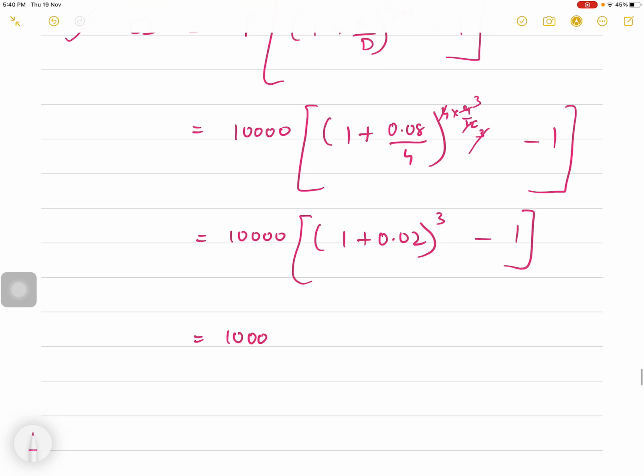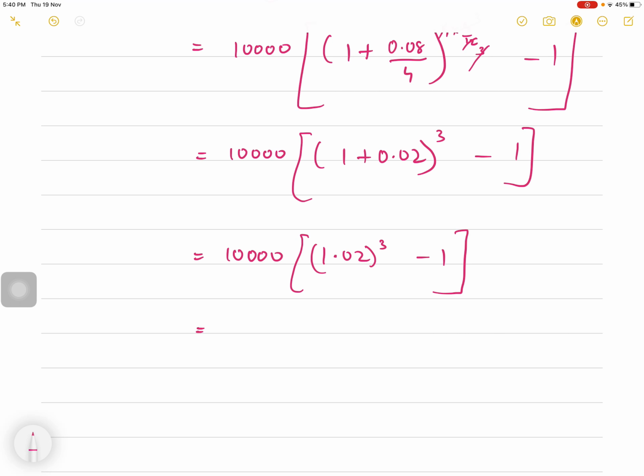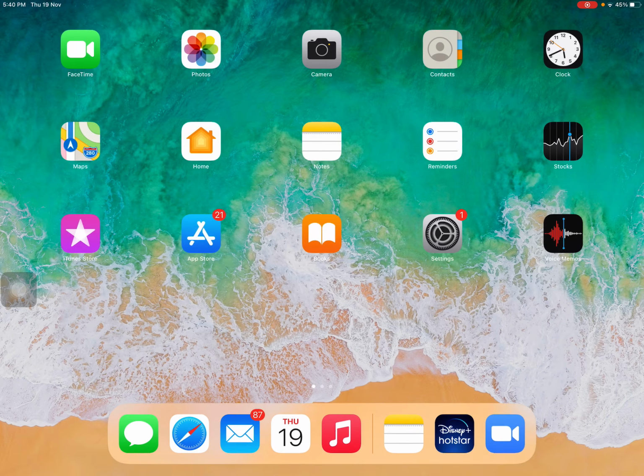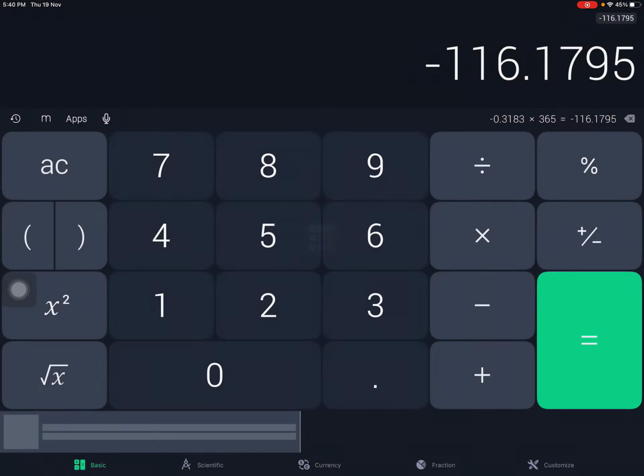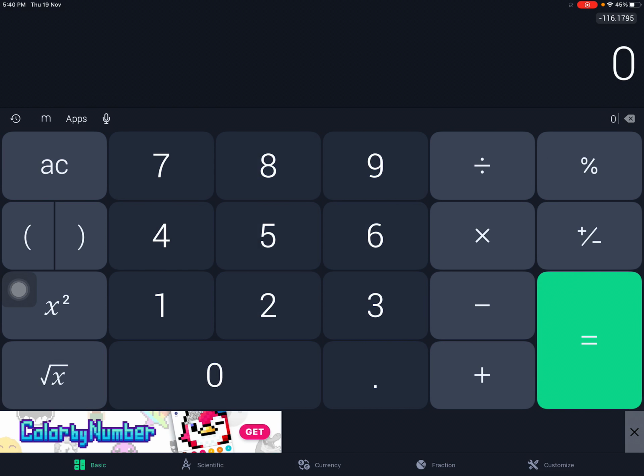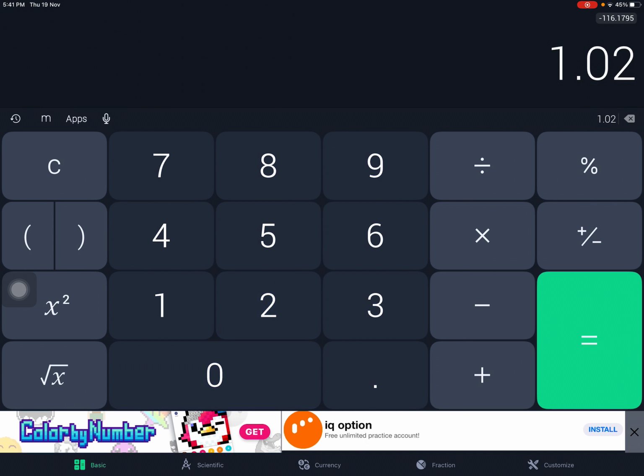So 10,000 into (1.02 raised to 3 minus 1). So 10,000 into 1.02 raised to 3. 1.02 into, is equal to.